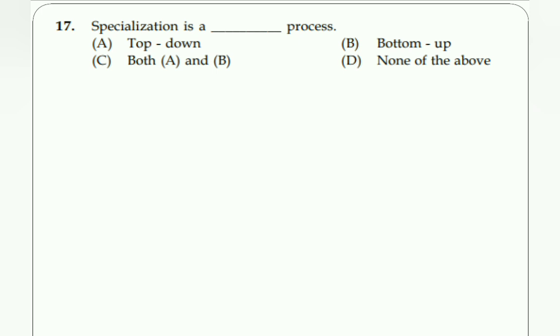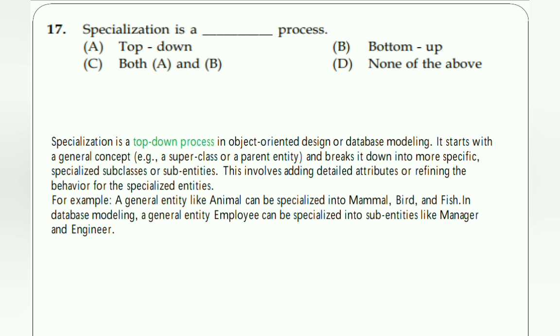Specialization is a dash process. So we know that there are two types of process, that is specialization and generalization. Specialization is the reverse process of the generalization, and it is a top-down process in object-oriented design or database modeling.